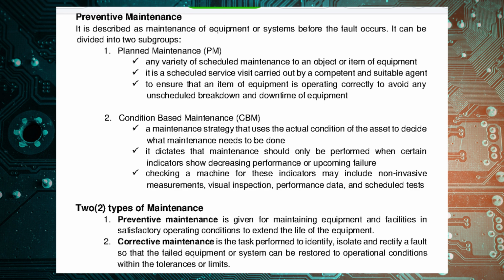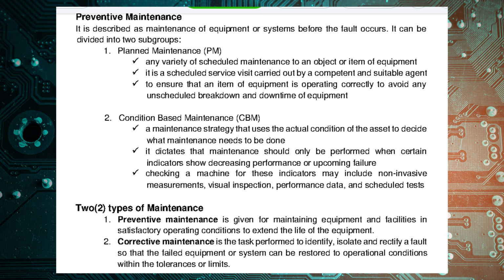Also, it dictates that maintenance should be performed only when certain indicators show decreasing performance or upcoming failure. Checking a machine for indicators may include non-invasive measurement, visual inspection, performance data, and a scheduled test.